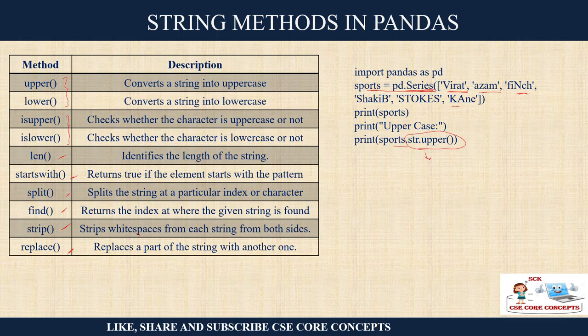This function will convert all of them into uppercase. Similarly, you can use any of these string functions in pandas. You are quite familiar with this. We have discussed the string data type in detail in my previous series, the beginner friendly approach of Python programming, so you can refer to that also.